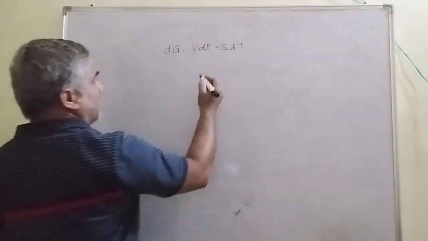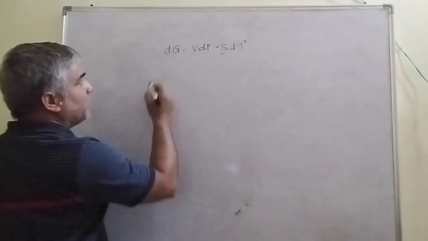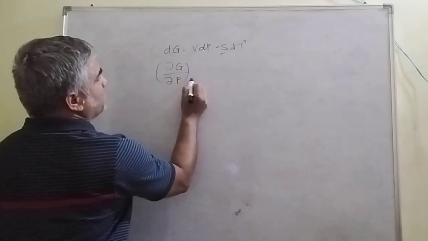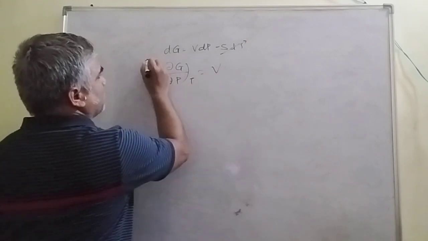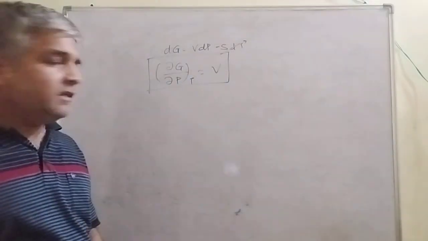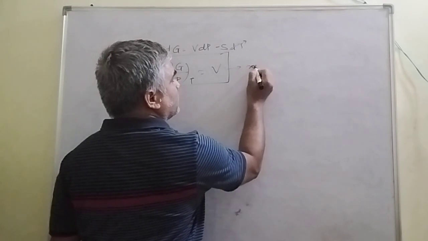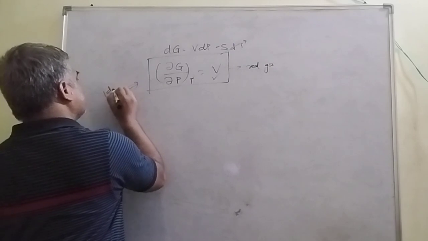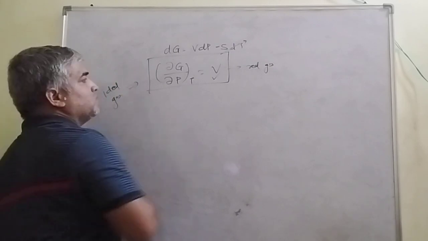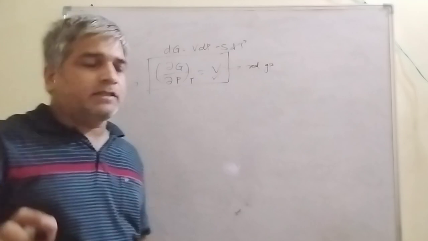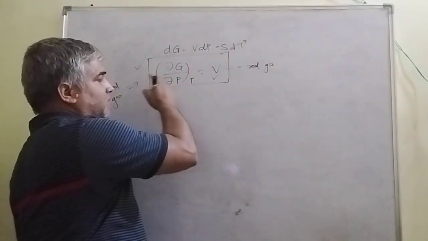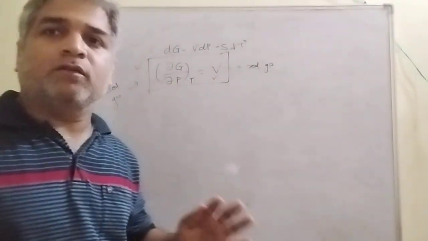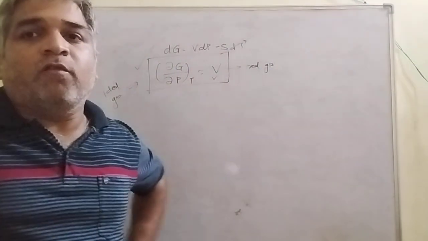At constant temperature, the second term will go off, and we can say that del G by del P at constant temperature is V. This V is of real gas, and this equation is applicable to ideal gas also. So for any gas, this relation is valid. Del G by del P at constant temperature gives me volume.